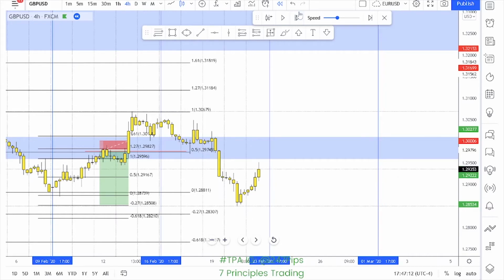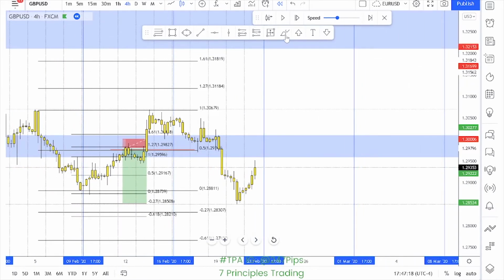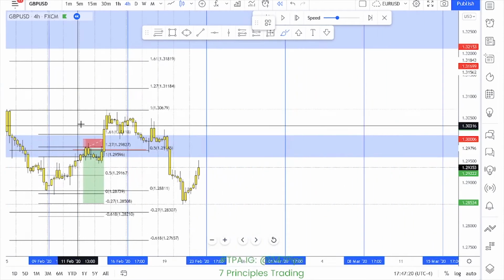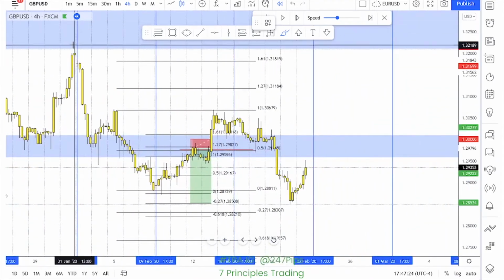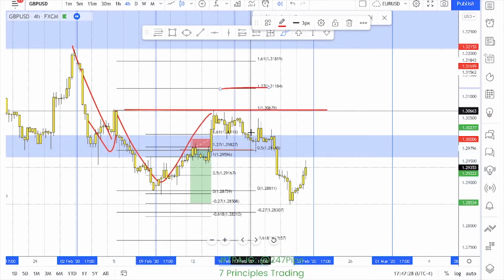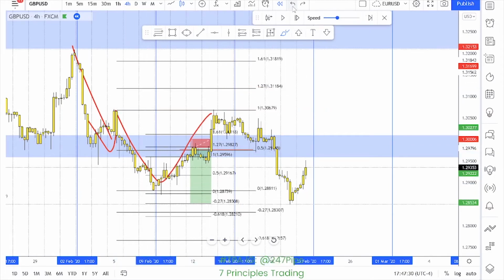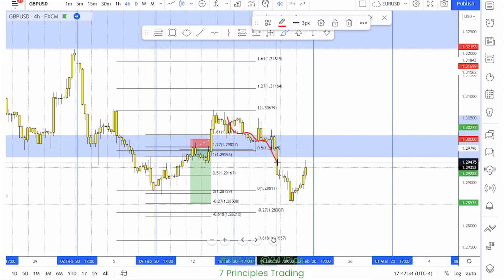Okay, we're getting some slight pullback. Let me just draw the market structure in. We're coming back to that whole downward move. We never got the pullback up there like we would have wanted. Then we have this whole move to the downside.